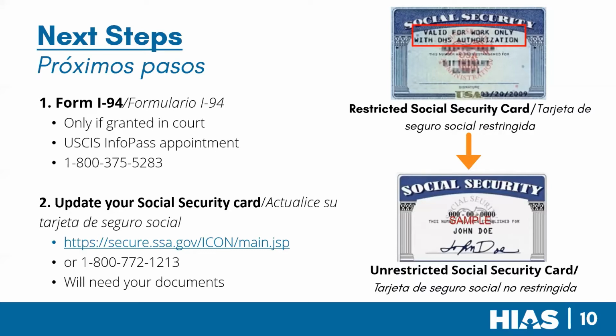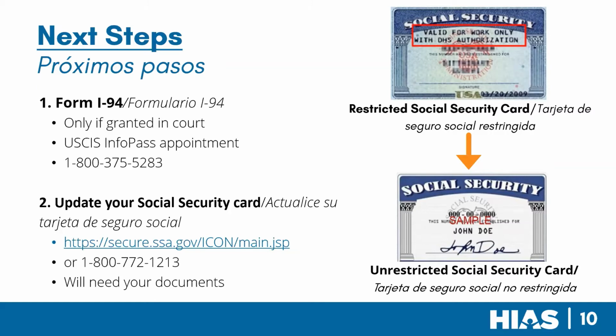You can either call the Social Security Administration's National 1-800 customer service number for help making an appointment with your specific nearest office, or you can visit the Social Security Administration's website, search your zip code to find the direct phone number of the local office nearest you. And either way, you would then call and explain that you need an appointment to update to an unrestricted card.